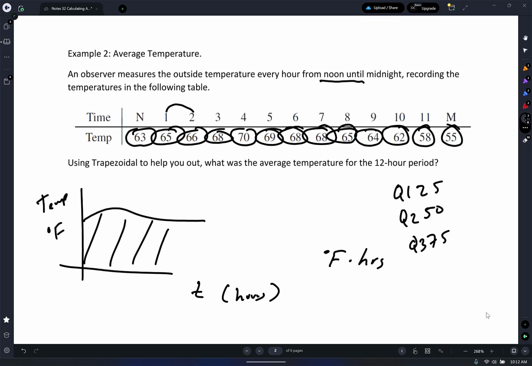But remember, we're dividing by b minus a, which is the difference in time. I'm dividing by hours, and the hours cancel out, and you just get degrees Fahrenheit.